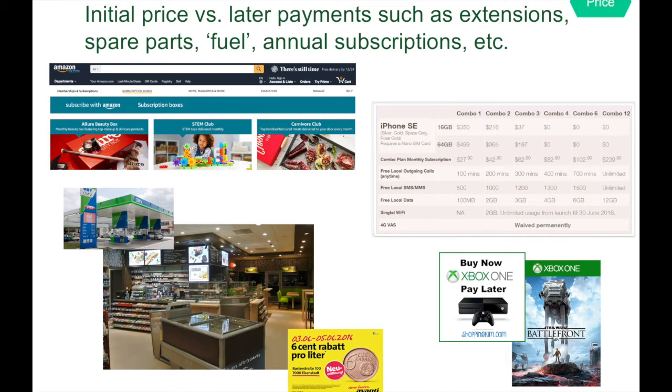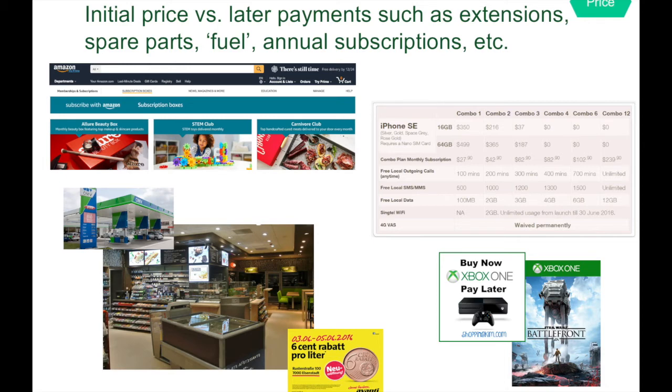In the combo 12, that's actually 239.90 US dollars that you pay every month, but you get your iPhone for free, and you basically get a lot of unlimited services. And then every customer can choose, where do I see my priorities, which type of customer am I, and then he can choose those packages.